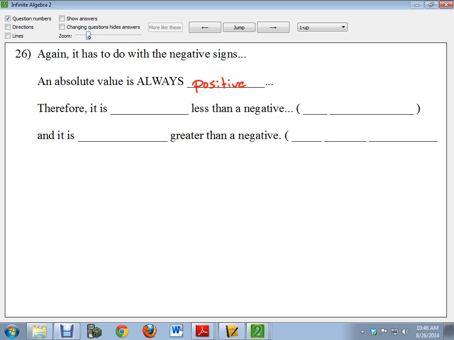Therefore, if an absolute value is less than a negative, a positive is never going to be less than a negative. So you have something like this: the absolute value of something is less than a negative 2.